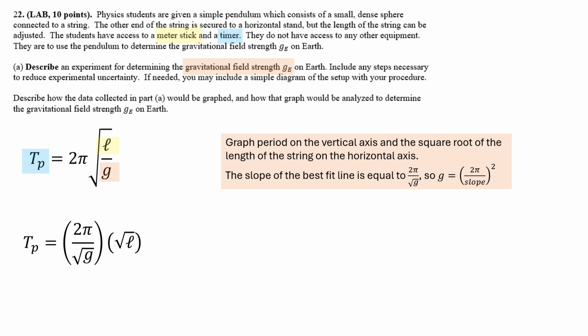So these are some things that can be practiced. I think most of the time it's recognizing that we can still use equations to answer these sorts of questions to figure out what's happening, even if we're not directly solving for something. Like we're not solving for T or g in this case. We're being asked how would you graph it in order to get g from the slope.